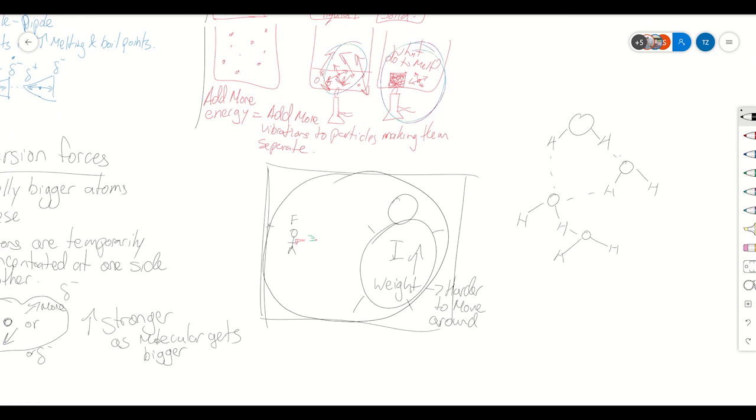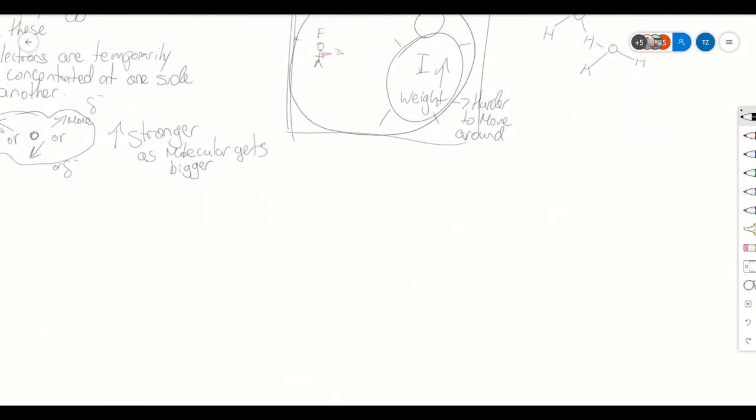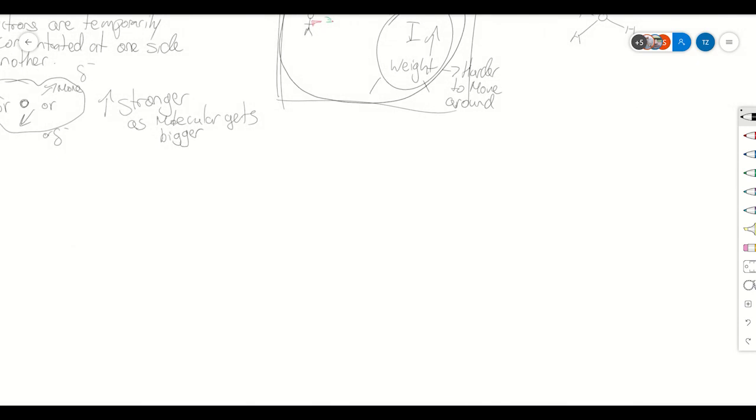Then the last one was bond strength and chemical properties. For this one, I'm just going to move down a little bit more. As we get stronger bonds between them, it's going to be harder. So this is just below the sumo wrestler. Get stronger.